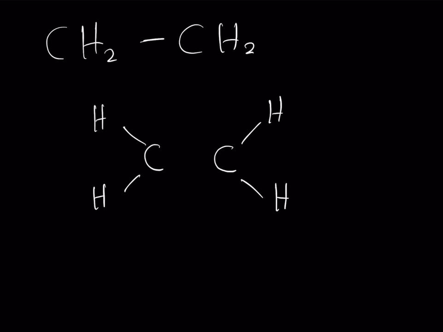What kind of bond would the carbons need in the middle, right here, in order to get to 4? Because they usually have 4. So if you form a single bond, each carbon would have 3 bonds. But if you form a double bond, each carbon would have 4. So when you have double bonds between carbons, this is called an alkene functional group. So this is just a type of organic compound called an alkene.